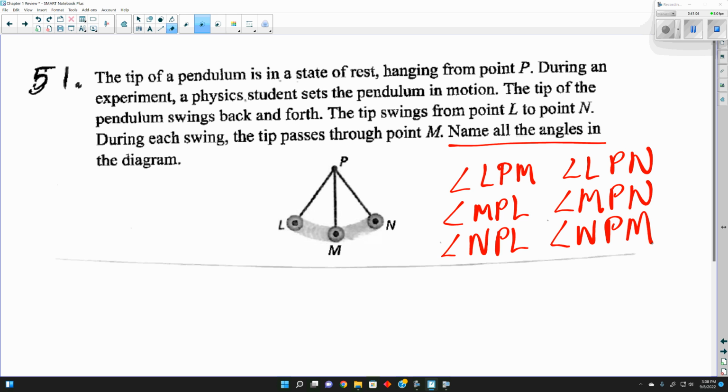And again, with naming these, I would just start at one of the points. So L, name both, then go to M, name all of them from there, and just do each one individually. So pick one to start with and name the rest. Yep. Yeah, it looks like a W, but that's it. So that's everything on the test. So there's 6 on that one.